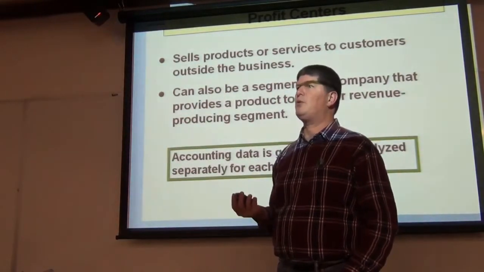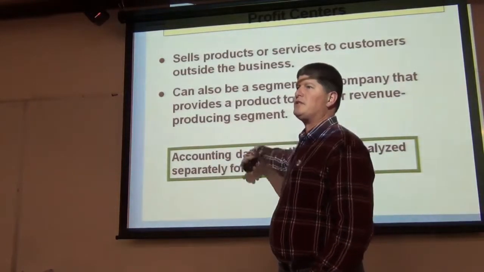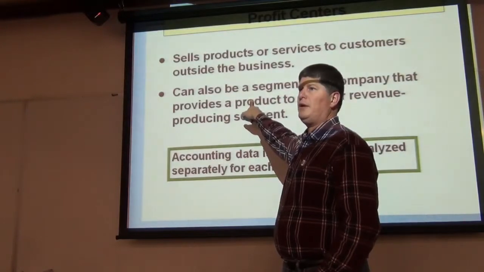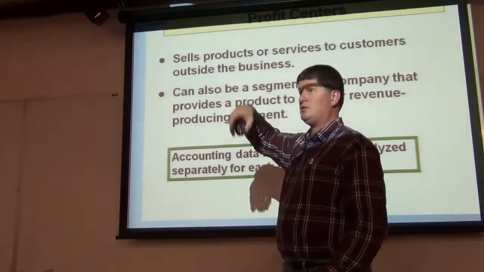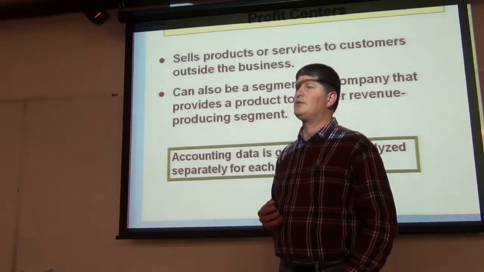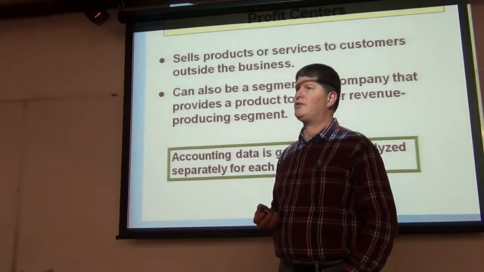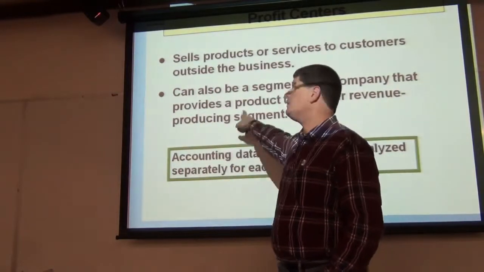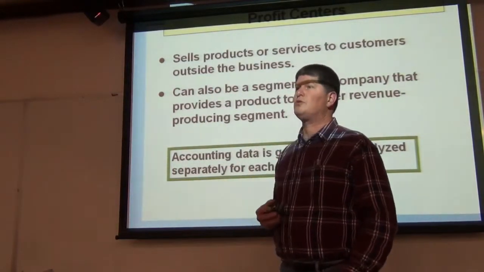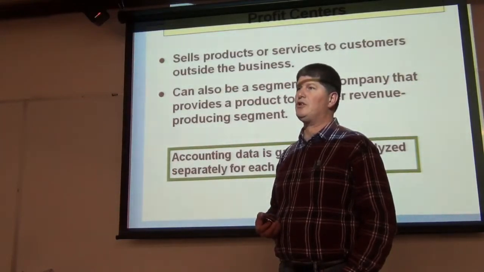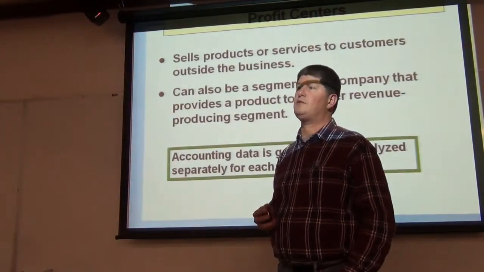The company I work for, we have 16 different warehouses where we actually distribute things to people, and each one gets its own income statement, its own P&L. So I know what your revenue was, what your cost of goods sold was, and if you're being efficient with your overhead that you spend to generate those sales. And the manager at each of those facilities is responsible for his costs.